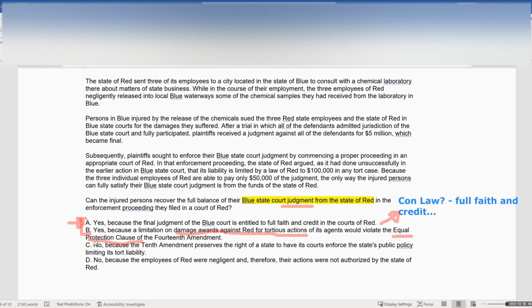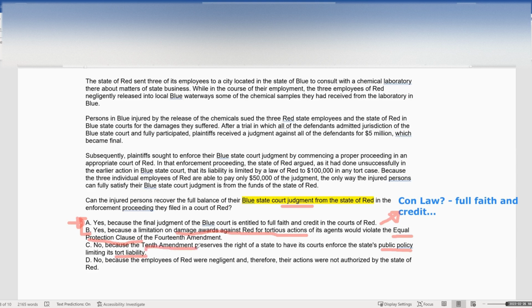Now for C, the answer choice: no, because the 10th Amendment preserves the right of a state to have its courts enforce the state's public policy limiting its tort liability. Again, public policy and tort liability, and then they're bringing in the 10th Amendment.